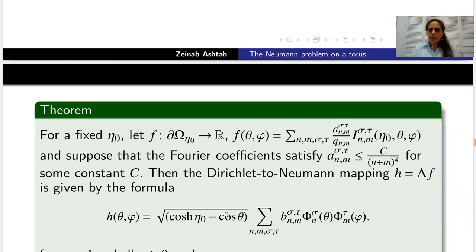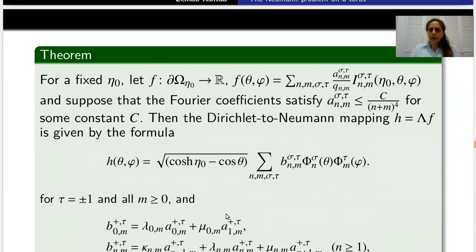For any fixed eta naught, let f be a function from the boundary of domain omega eta naught to R in this form. And suppose that the Fourier coefficients, which I denoted by a n m sigma tau, satisfy this inequality for some constant c.